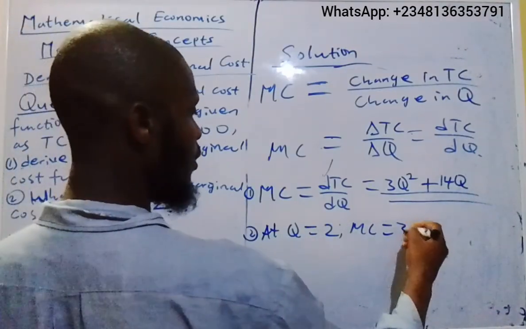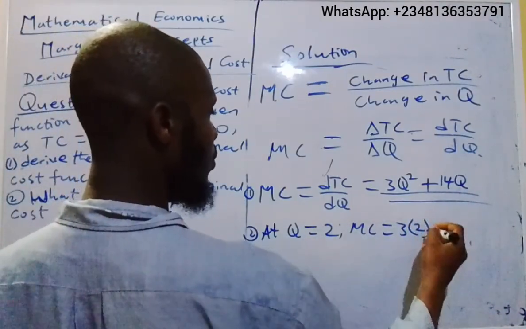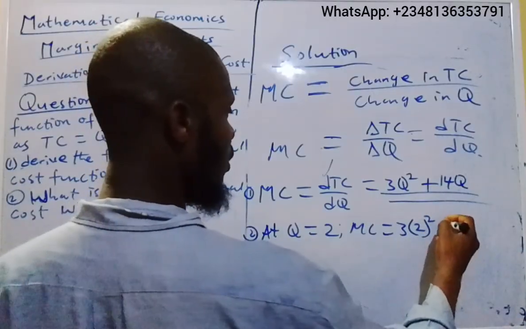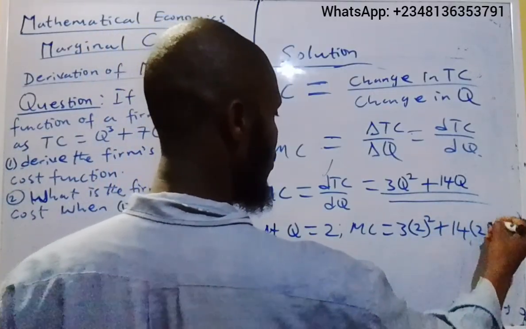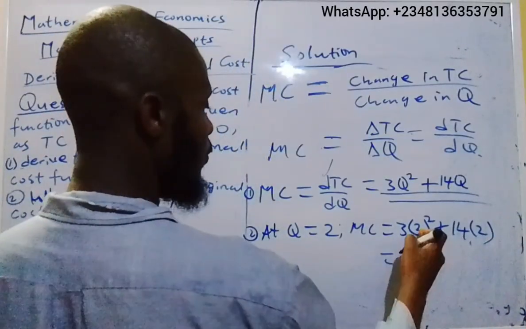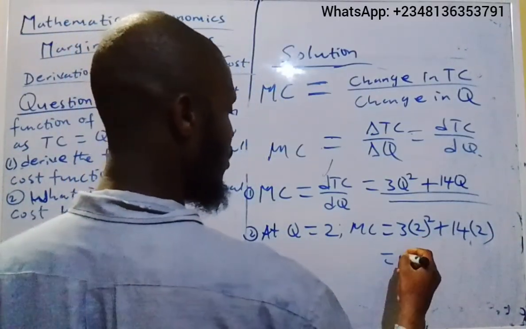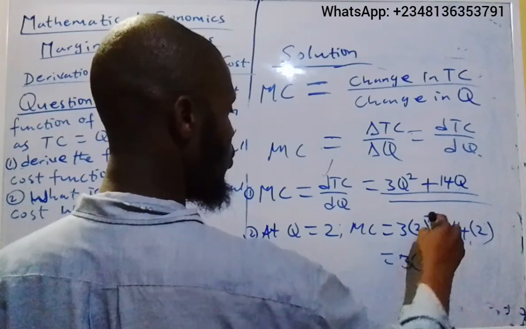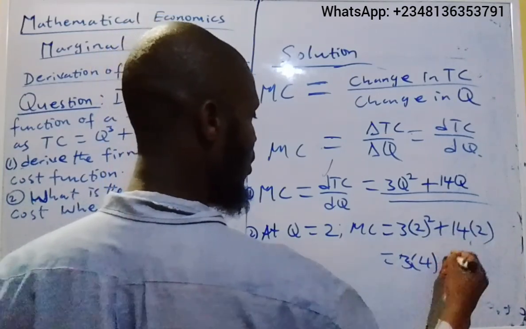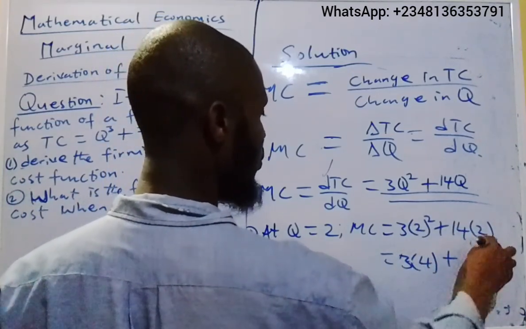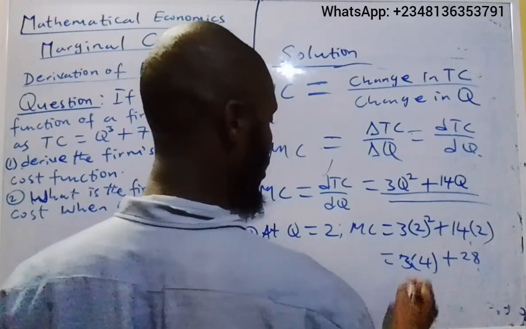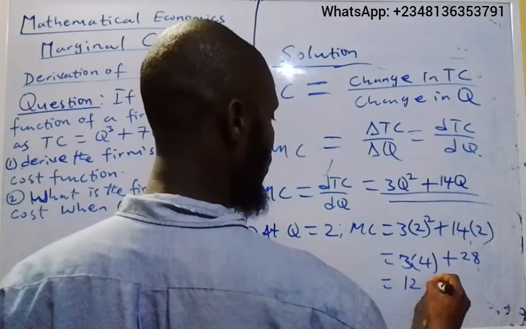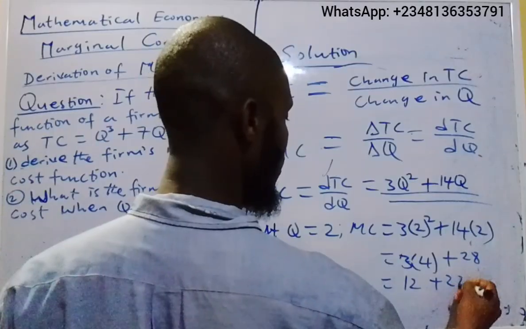So we have 3 times 2 squared, plus 14 times 2. 2 squared is 4, so 3 times 4 gives you 12. Then when you multiply 14 times 2, that is 28.